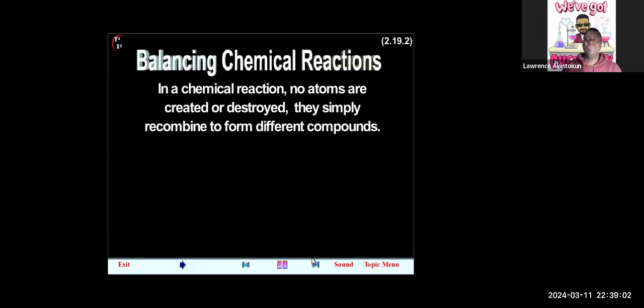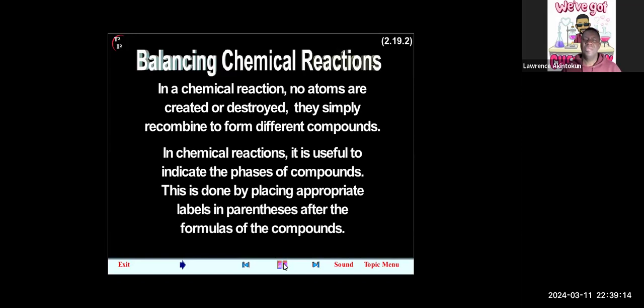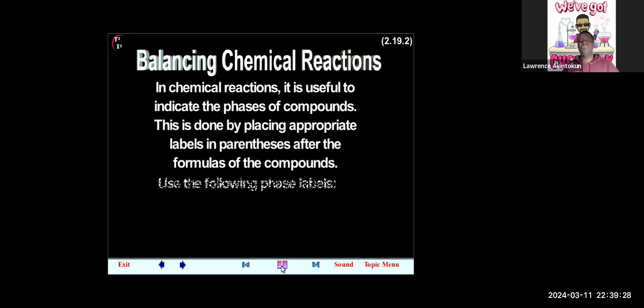In a chemical reaction, no atoms are created or destroyed. They simply recombine to form different compounds. That is the law of conservation of mass. In a chemical reaction, it is useful to indicate the phases of compounds. This is done by placing the appropriate labels in parentheses after the formulas of the compounds. So these are just an introduction to what we're going to do.